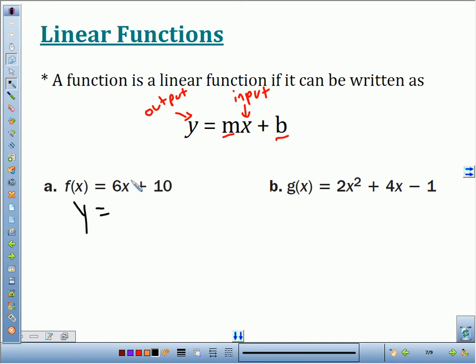We have 6x. 6 could be considered m. So we do have mx plus 10. 10 could be considered b. So this is y equals mx plus b. That means that this function, f of x equals 6x plus 10, is linear.